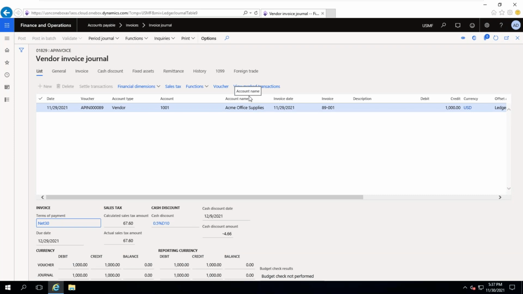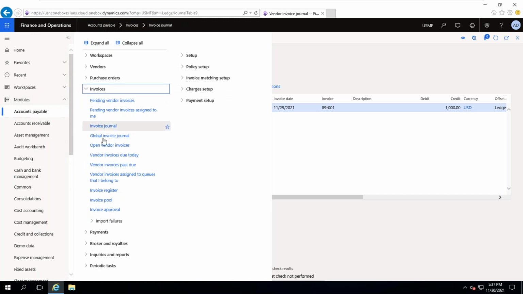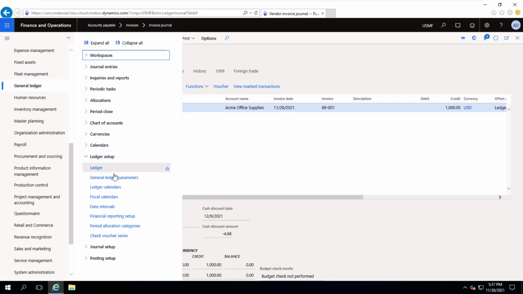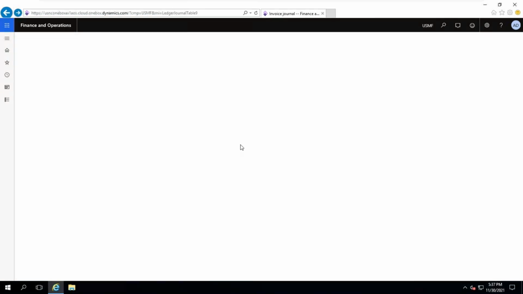For the last 2-3 days, I have discussed a lot about US taxation. Indian taxation is different now. Let me show you. General ledger, the old taxation I'm showing you, it is still available in the setups.